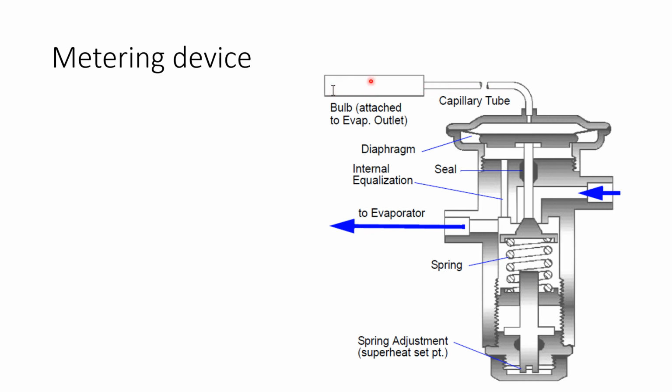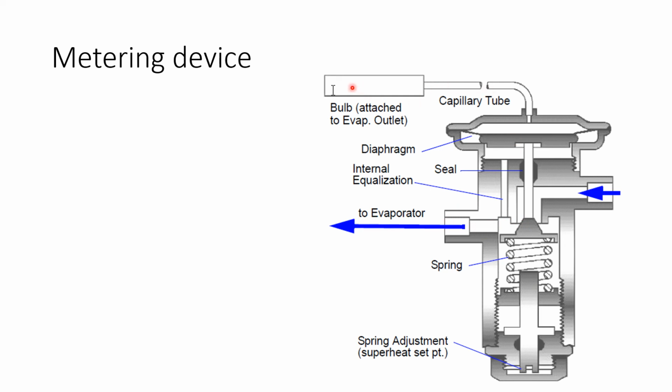And inside this bulb contains refrigerant or gas or a mixture of both. And when that refrigerant warms up, it expands. And by expanding, it pushes pressure down here, pushes against this diaphragm, and allows this to push against the spring. So this opens up this valve in here and allows more refrigerant to flow through.